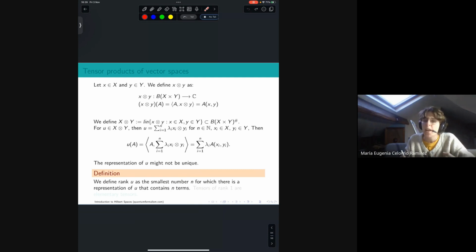So if we can write u as a linear combination of three tensor products, and that's the bare minimum we can write, maybe we can write it as a linear combination of 10 by repeating things, then the rank of u is 3. And an important type of tensor, the tensors of rank 1, are elementary tensors.